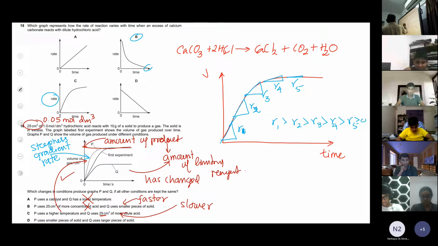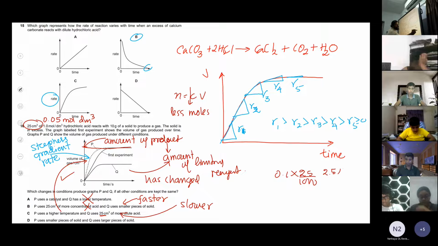Through n equals CV, what can you tell? If concentration is reduced, I told you in the class, concentration is the factor which can change both amount and the gradient. When you decrease the concentration, it has to become slower and it is going to give you fewer moles, same volume, fewer moles. So for example, 0.125 times 25 divided by 1000 means 2.5 × 10^-3 moles.